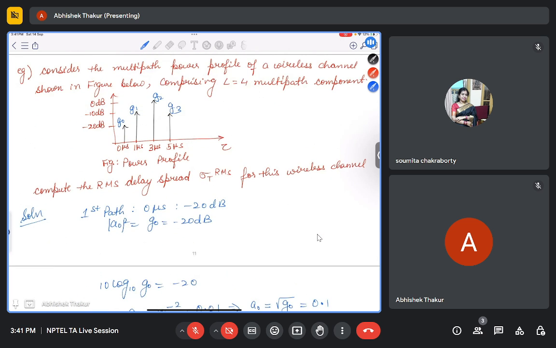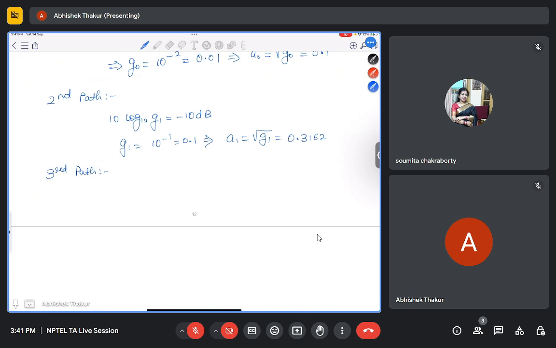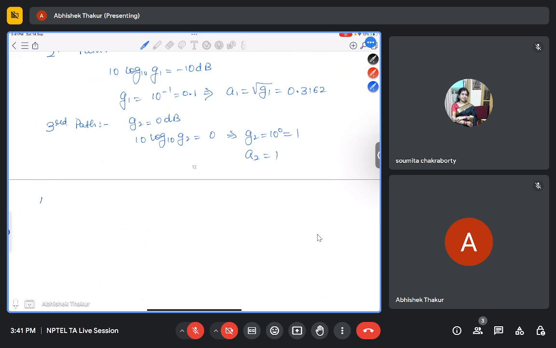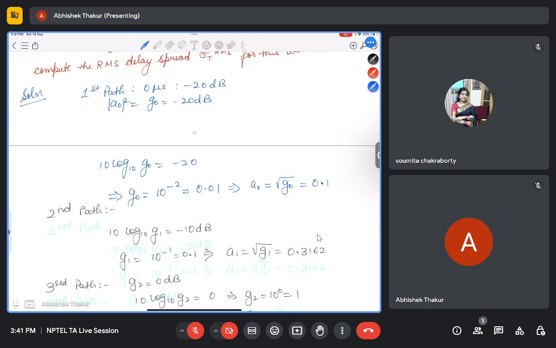Now coming to the third path, this is given as 0 dB. So G2 is equal to 0 dB. So 10 log 10 G2 is equal to 0 implies that G2 is equal to 10 to the power of 0, that is equal to 1, and A2 will also be the square root of G2, so it will be 1. Now coming to the fourth path, that is again given as minus 10 dB.